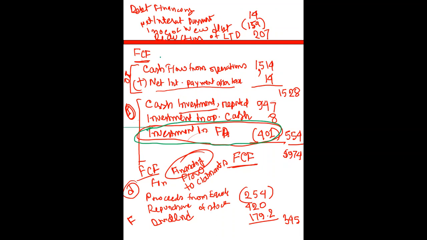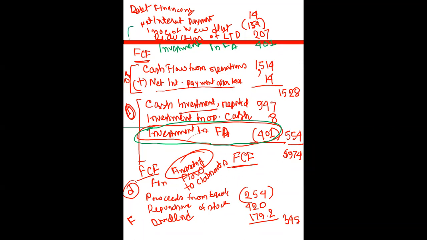But you have used cash. You have used cash, right? So if you have used cash, should we add this number or we should subtract this number? We have investment in financial asset around 401.